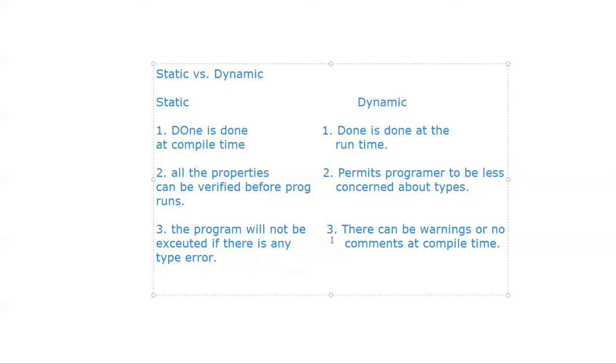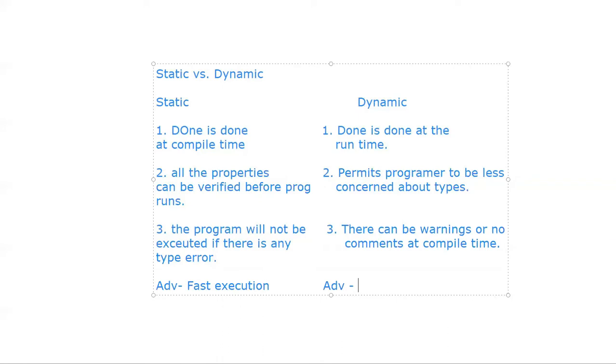So what is the advantage of static type checking? It is desirable when fast execution is important. Execution will be fast. Why? Because there will not be any error. You have solved all the errors at the time of designing only. And what is the advantage of dynamic checking?